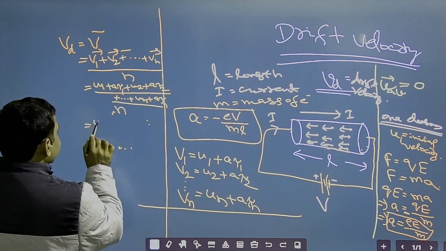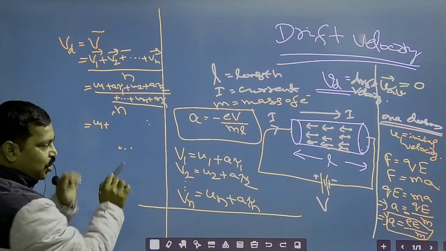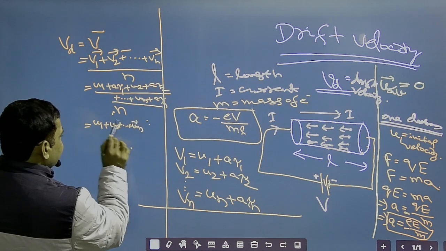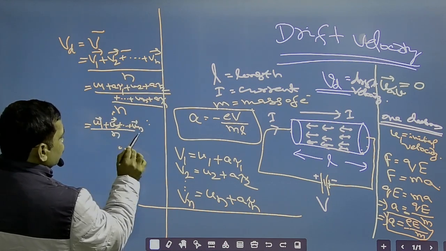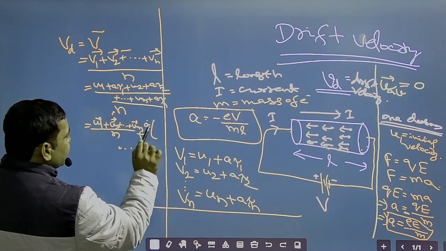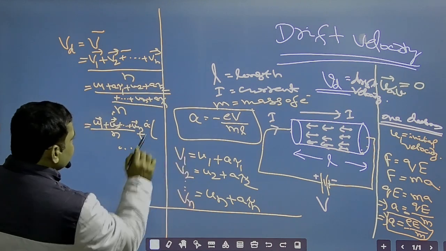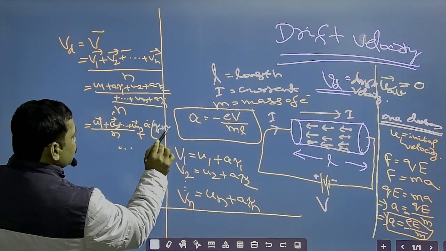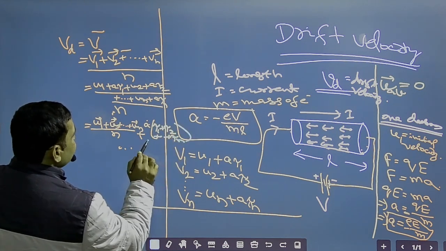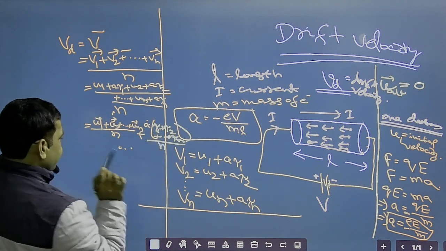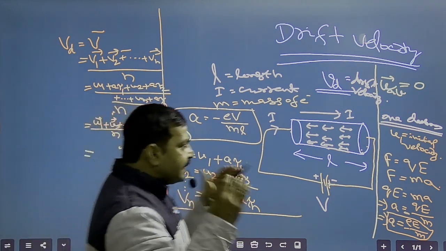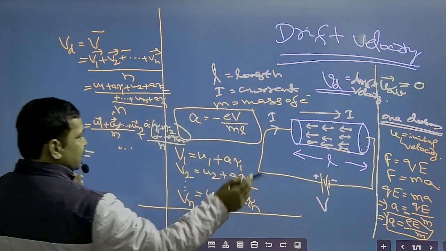Now we can separate this as U1 plus U2 up to Un, in vector form, plus, taking a common, tau 1 plus tau 2, similarly up to tau n, all divided by n. We have already discussed that the average initial velocity is 0.